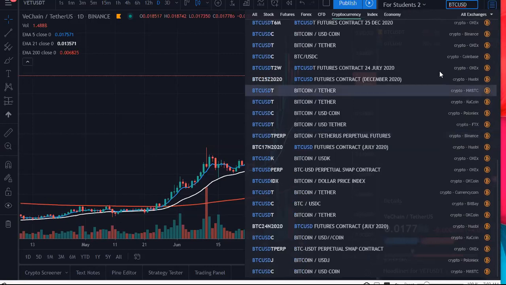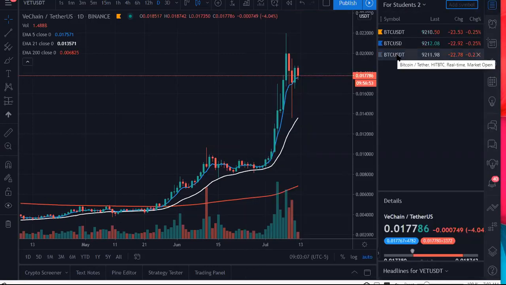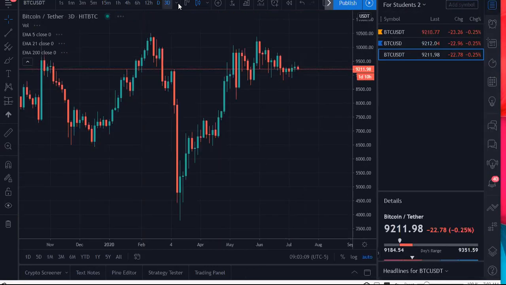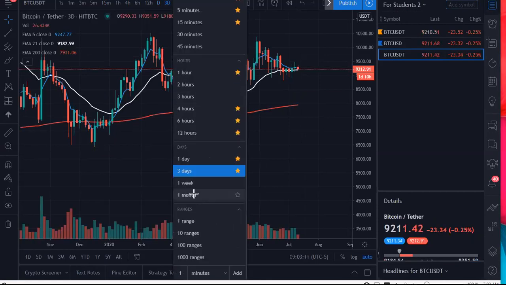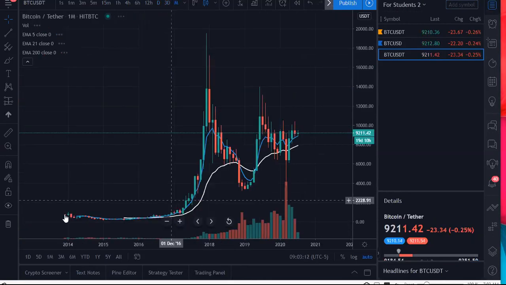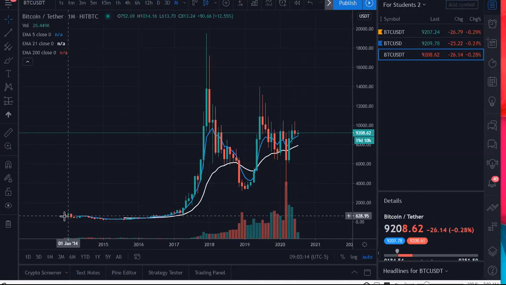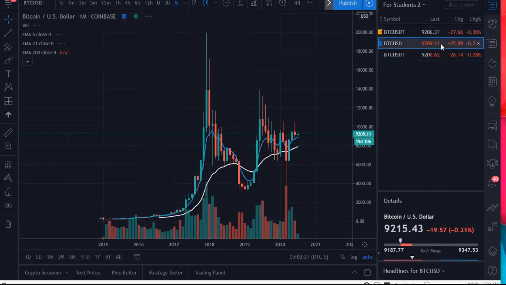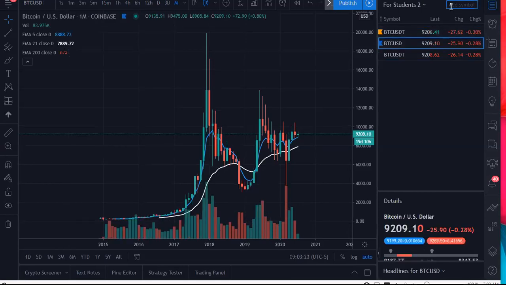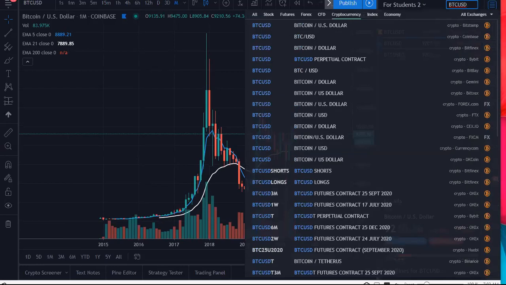HitBTC right here for Tether. So this has the oldest history for Bitcoin. If we zoom all the way out to the monthly, it has it from 2000. Really? It doesn't? 2014? Huh. Surely it has something farther than that. BTC USD.